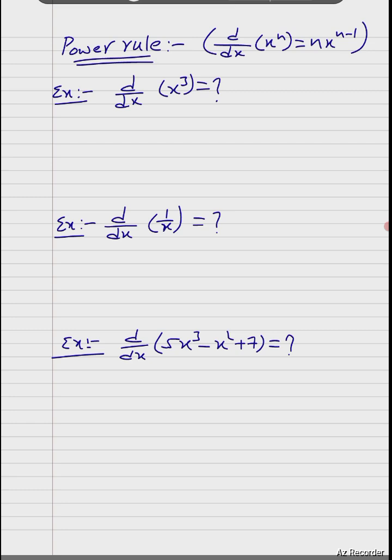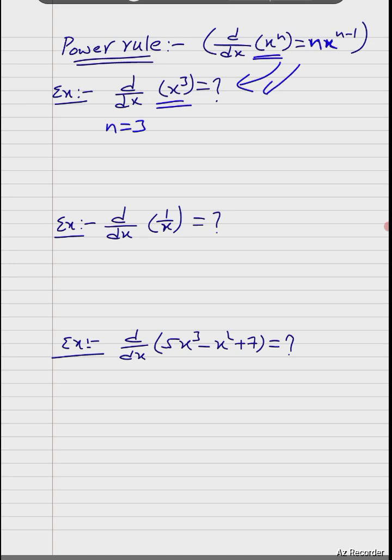Next, let us apply the power rule we have learned. D by dx of x power n is n times x power n minus 1. Now apply this rule here. We are asked to find d by dx of x cube. So in place of n, 3 is there.